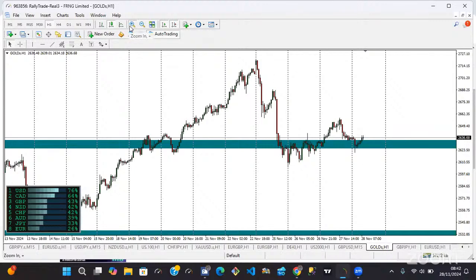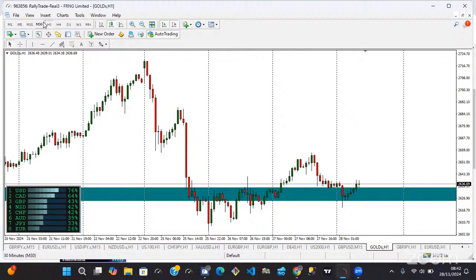So I expect gold to still pick up momentum. Although one of the reasons why it's not picking up is because the dollar is actually very strong right now. But all things being equal, I still expect gold to be bullish for today.